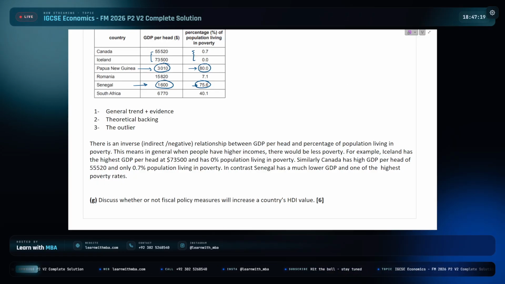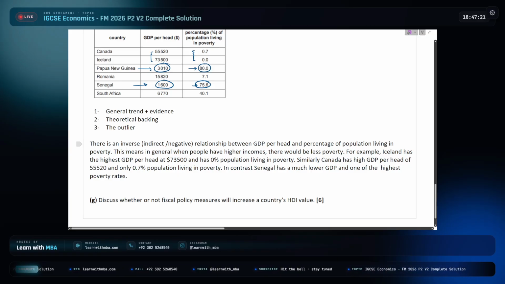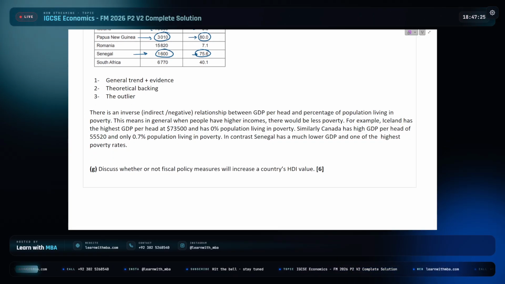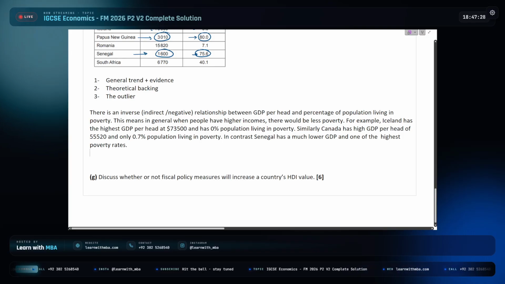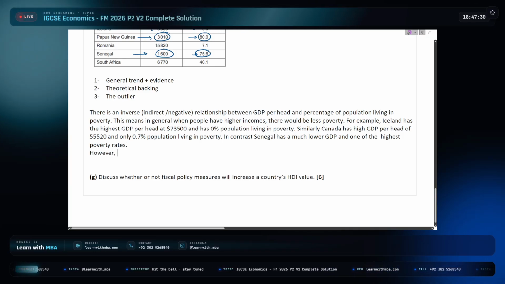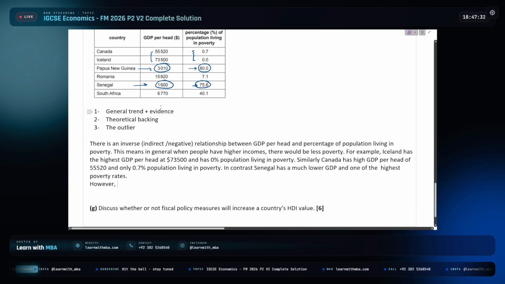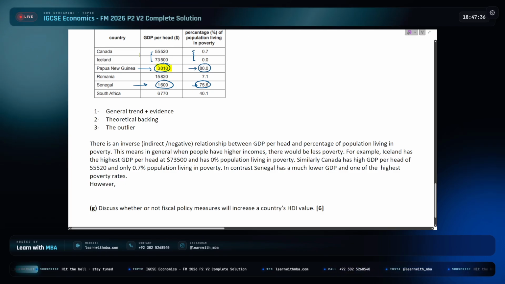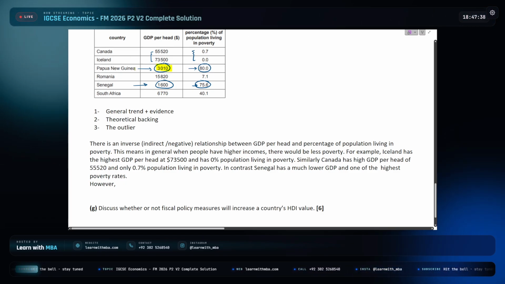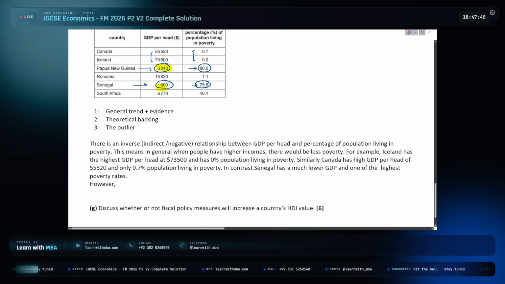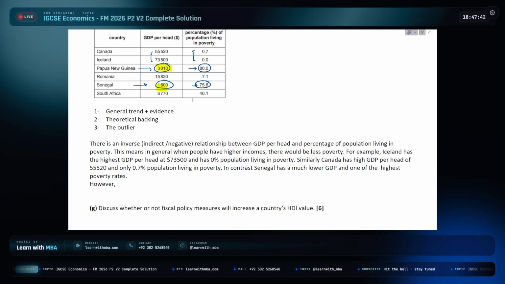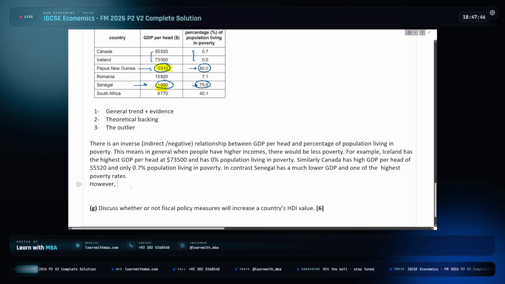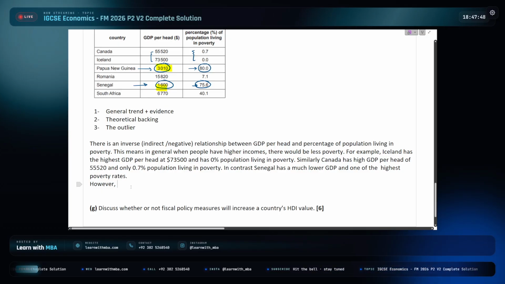Now 1 mark is for identifying the anomaly. However, you can say that Papua New Guinea has a higher GDP per head than Senegal, but it has a higher poverty rate than Senegal. And then you can explain what could be the reason for the outlier, right?